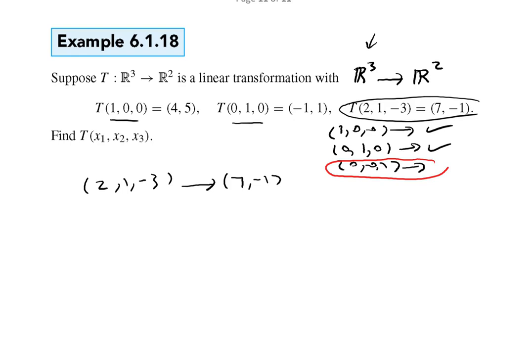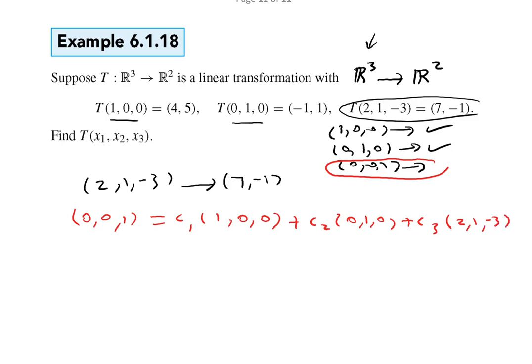To do that, we need to write 0, 0, 1 as a linear combination of the ones that are given to me, which is C1 times 1, 0, 0 plus C2 times 0, 1, 0 plus C3 times 2, 1, negative 3.